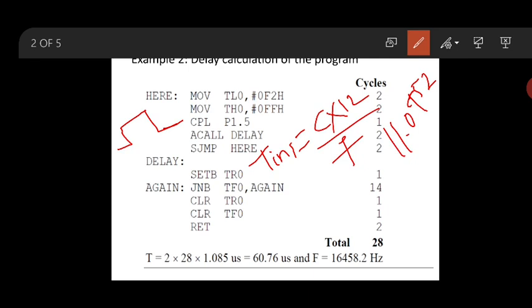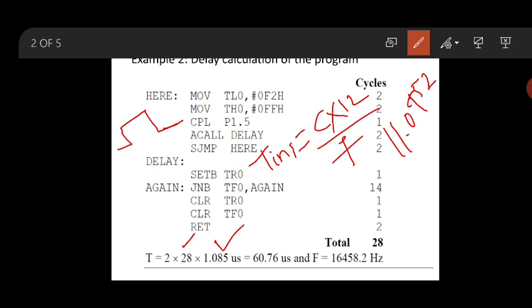If I substitute the values, C will be the total cycles consumed by the program, which is 28. Now 12 is there because one machine cycle is nothing but 12 clocks. So 12 divided by 11.0592 megahertz gives 1.085 microsecond.